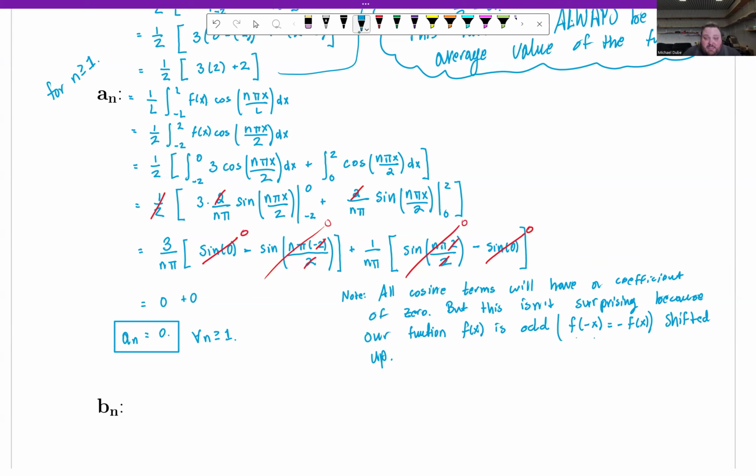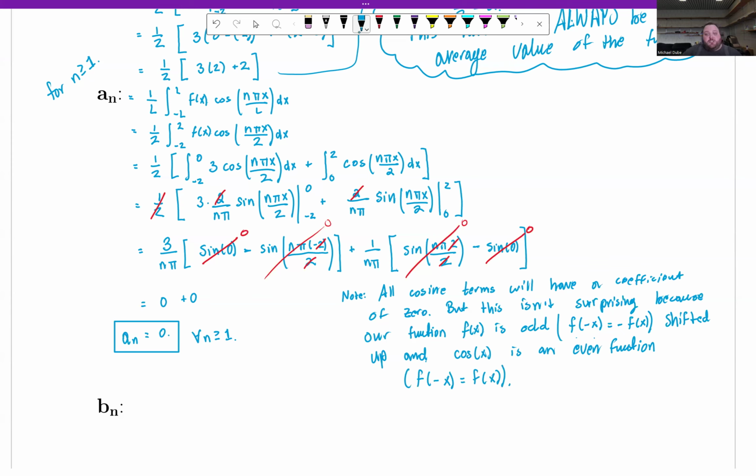Okay, and cosine of x is an even function. And recall that an even function means f of negative x equals f of x.